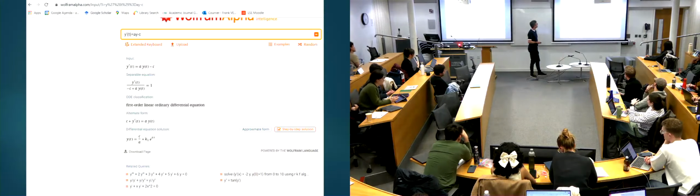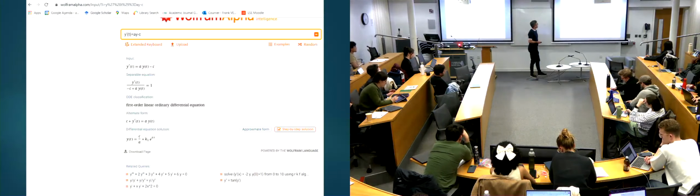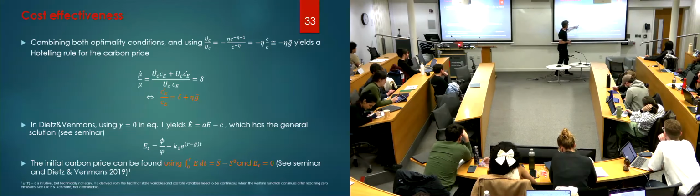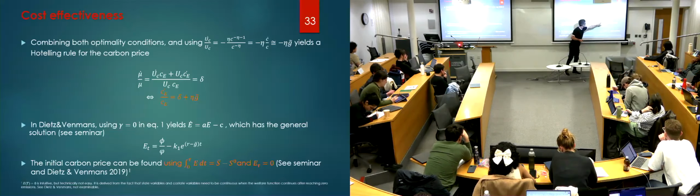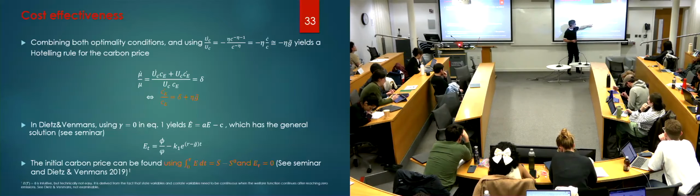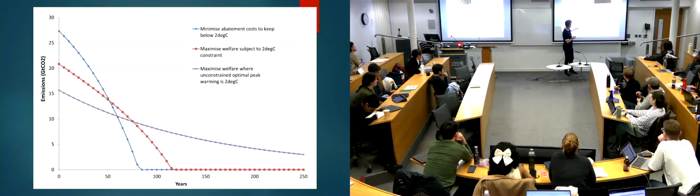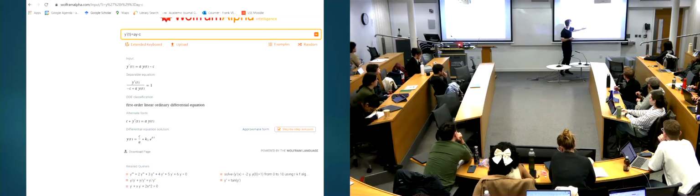That's the seminar. So again, our solution is now slightly easier. For our paper, we get this as a differential equation. But because of this constant, you cannot do separation of variables. So you ask Wolfram Alpha how to solve this, and you get this solution that we will use in the seminar.